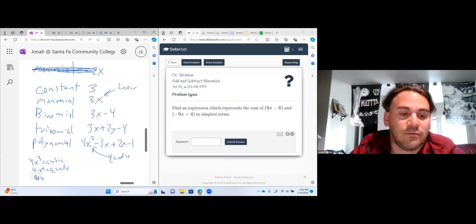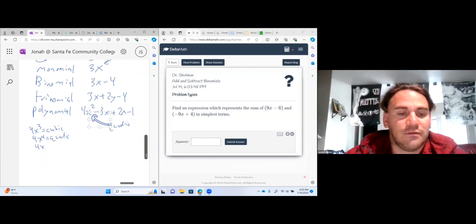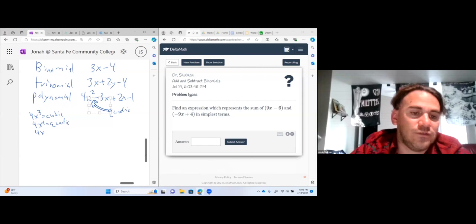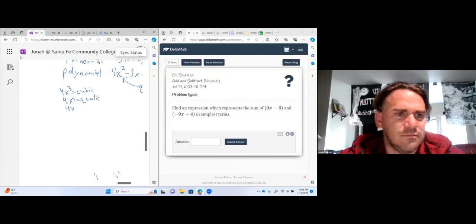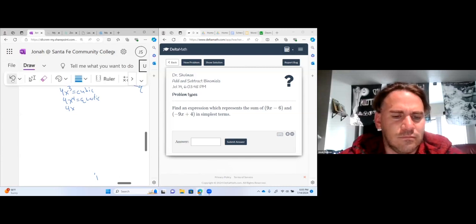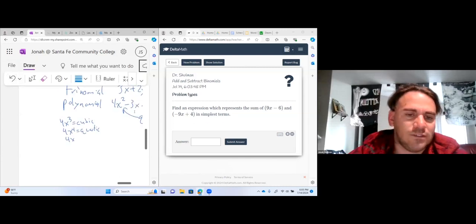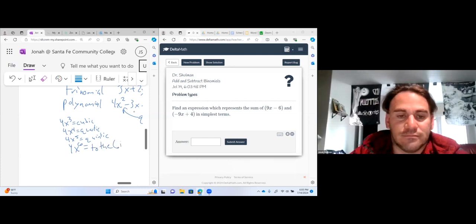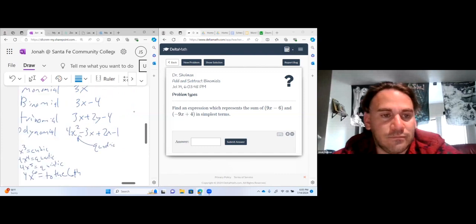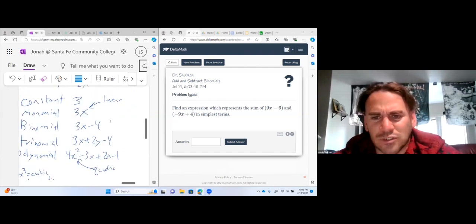To the 5th power, 4x to the fifth is quintic. After that, they kind of ran out of names. After this, you just start saying to the sixth power. But when they say binomial, it just means it has two parts.